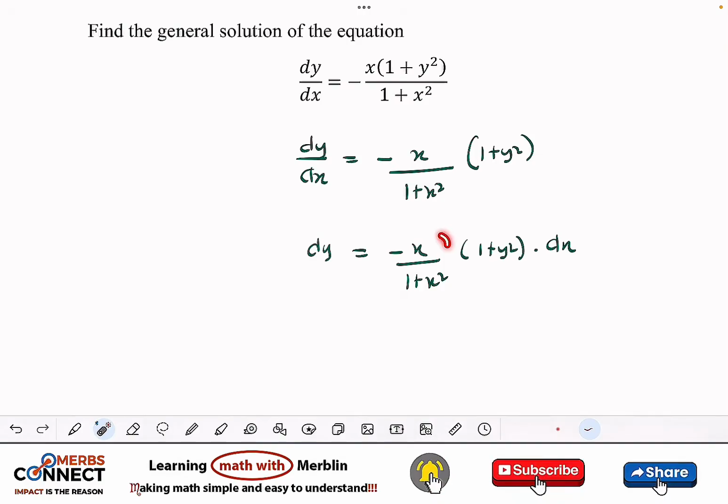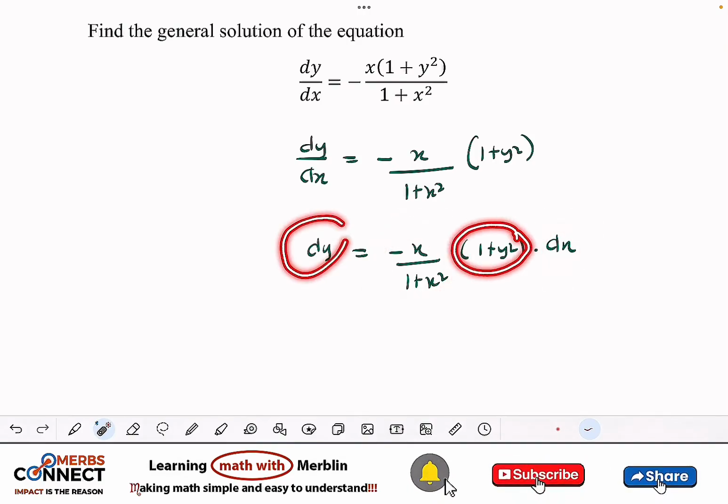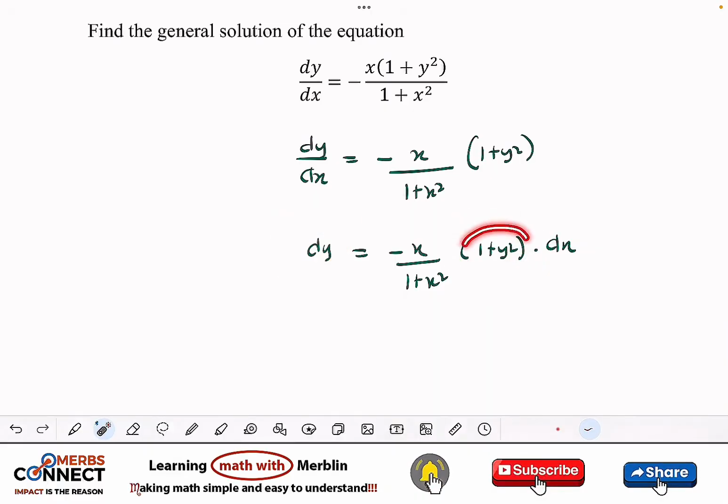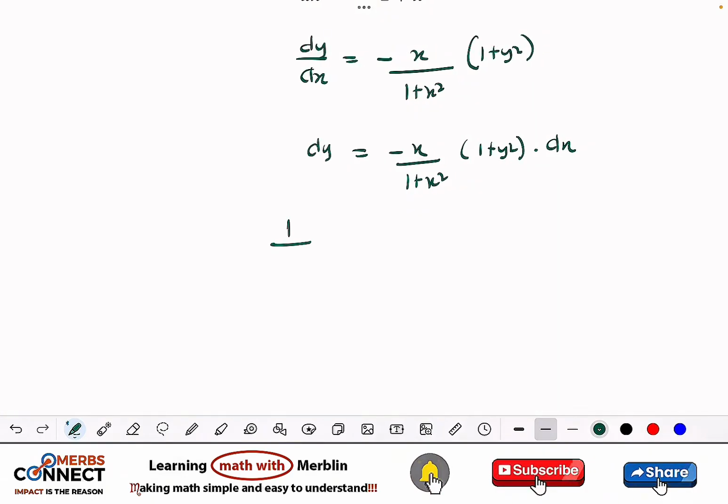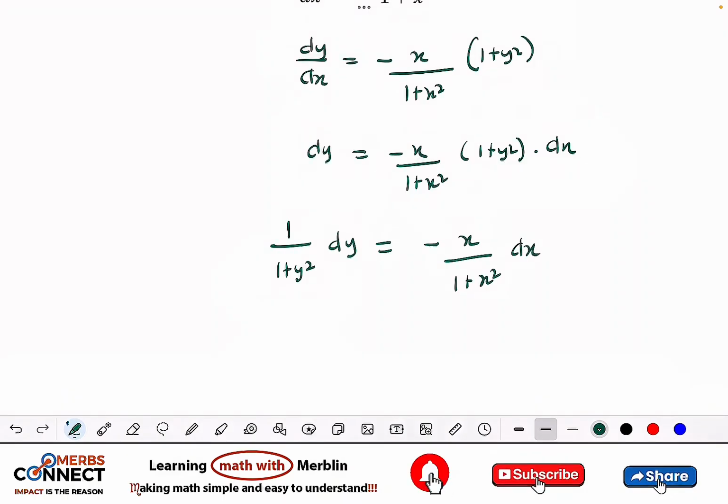So now I have the x term with the x. I need to move this y term to the y. So what can I do? Since this one is multiplying, we divide 1 plus this on both sides. So we are going to have 1 divided by 1 plus y squared dy is equal to minus x divided by 1 plus x squared dx.